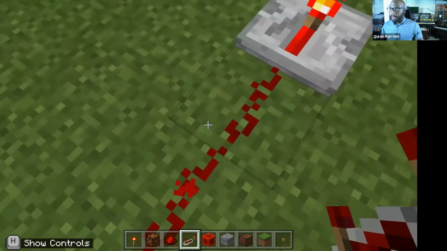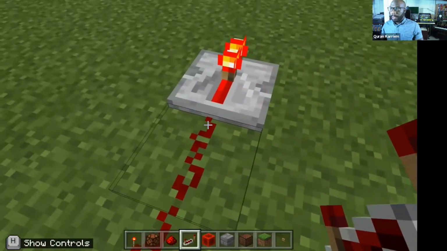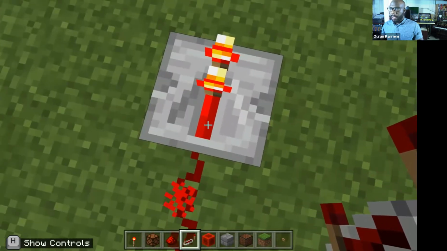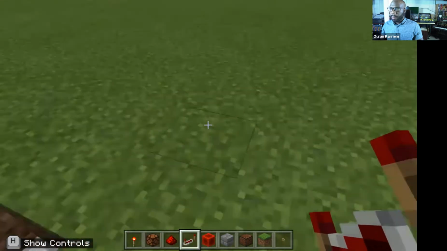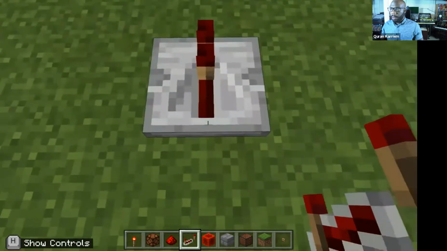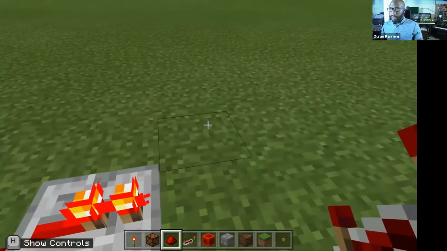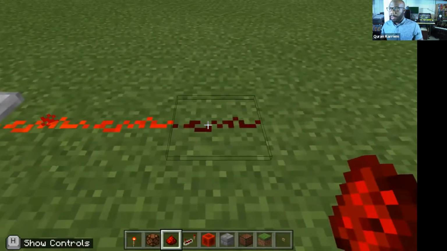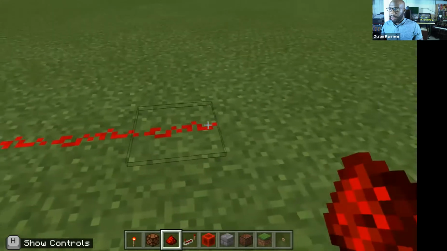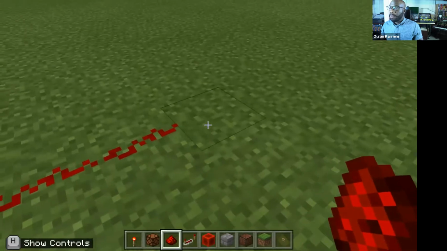The bottom of it here is the input. So the direction that the energy is coming from has to go in. So the bottom is the input here. And when you place one, the bottom is going to be the side that's closest to your character when you place it. Okay, so now I can go another kind of 15. 1, 2, 3, 4, 5, 6, 7, 8, 9, 10, 11, 12, 13, 14, 15.